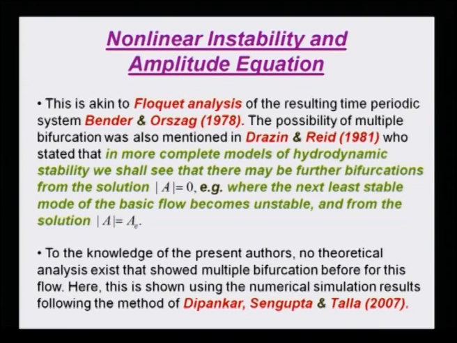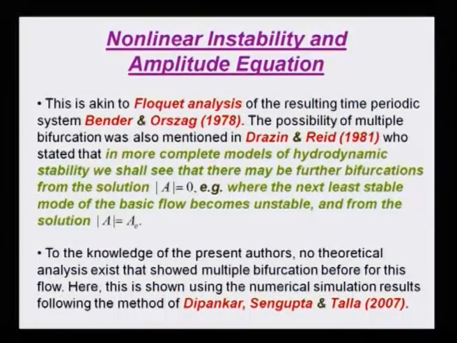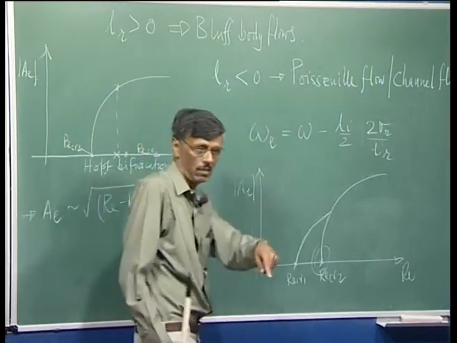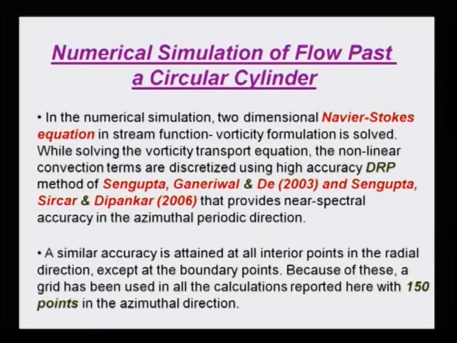To the knowledge of some of us, we do not see any theoretical analysis that has actually shown multiple bifurcation. This model was not studied till very recently. We did propose some multiple Hopf bifurcation model. That depended totally upon numerical simulation of the two-dimensional Navier-Stokes equation.